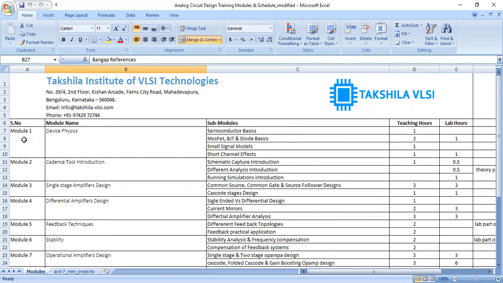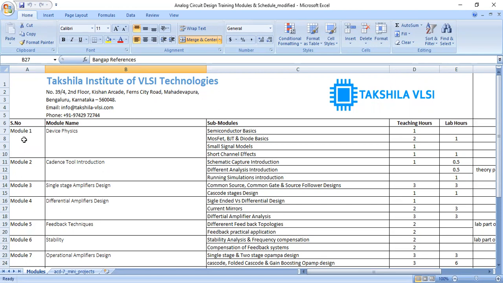The very first category are the students, fresh graduates from college, whether undergraduate or postgraduate. They need not be only from an electronics background; they could be from computer science, electrical, telecommunication, or instrumentation. They may not have much knowledge about analog circuit design, from where to start and how to start. To address such people, this course content has been designed.